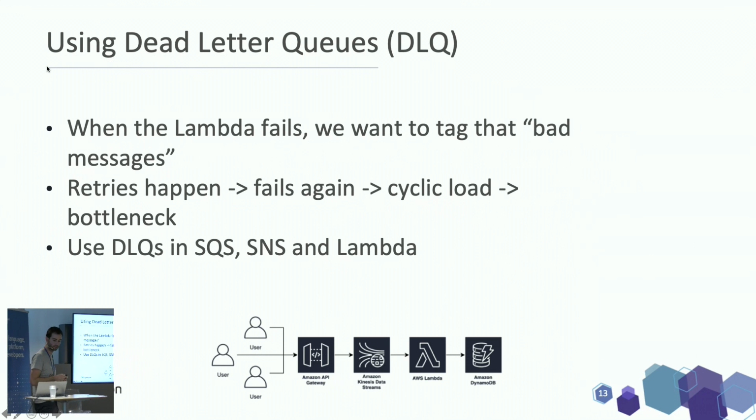So these were middlewares. We also got dead letter queues. When we're having a problem, remember the scenario that we had. If my function is going to fail, there is a built-in retry mechanism, and we're going to talk a lot about retries, but let's for a moment say that there is going to be a retry. My Lambda function will fail. Kinesis will try to put the message again sometime later on.